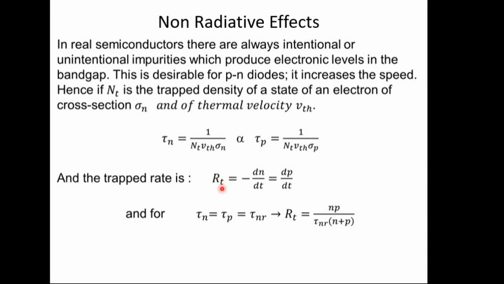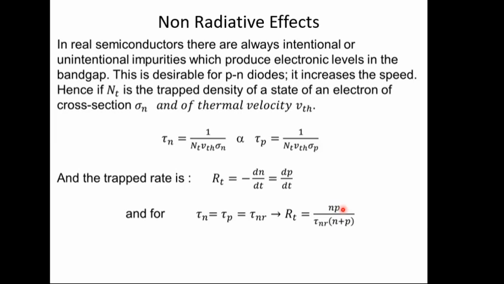And we know the rate is dN by dt, as we saw from the previous slide. For n, it's negative because we're talking about electrons, and for holes, it's dP by dt. If tau n and tau p are equal, then the rate can be defined for the recombination.